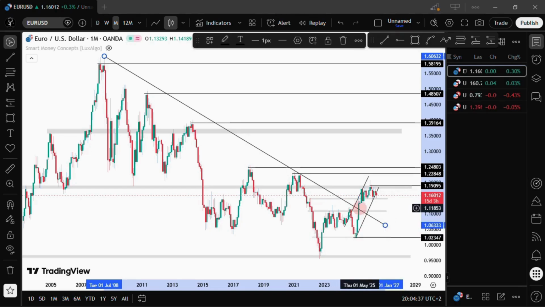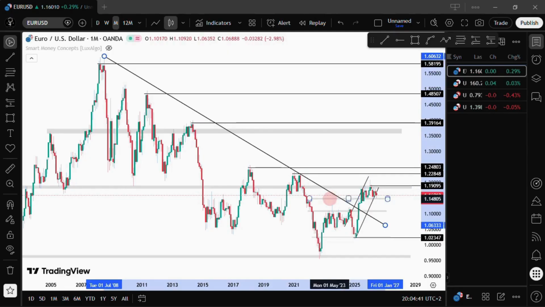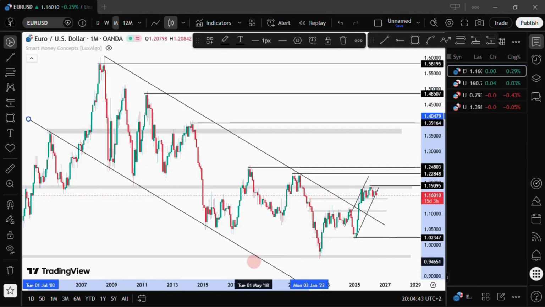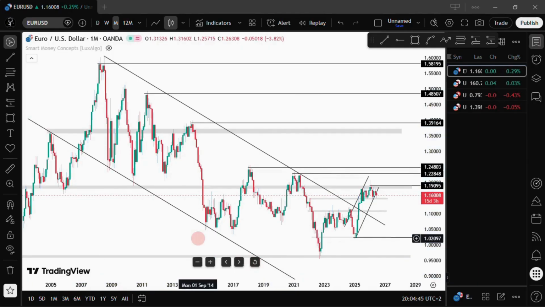Okay, and the market seems to have broken above this trend channel. Okay guys, this is a trend channel because the market was playing around inside this trend channel. Now it's showing price might have broken outside of the trend channel.